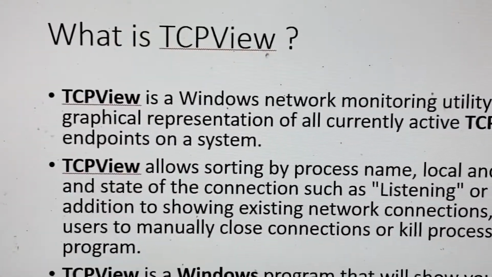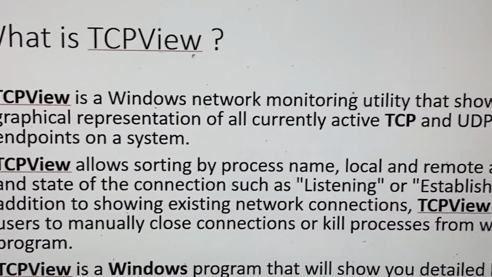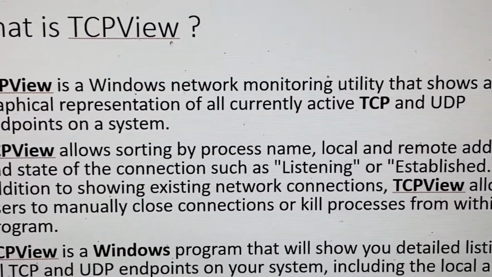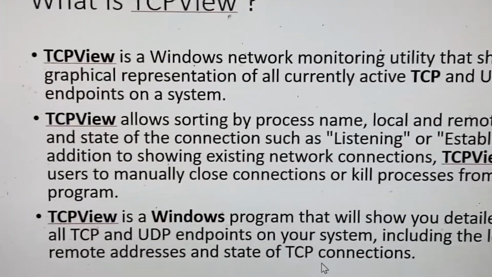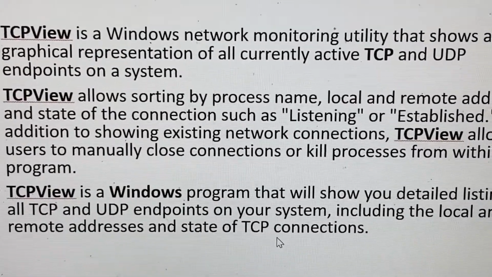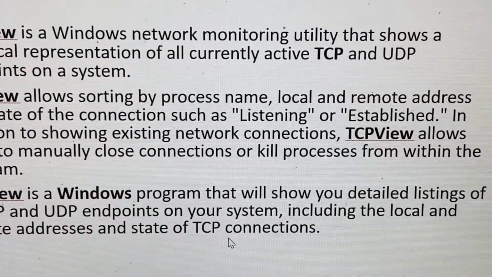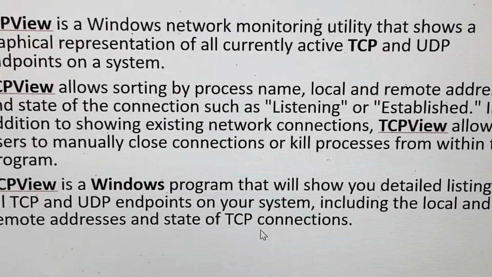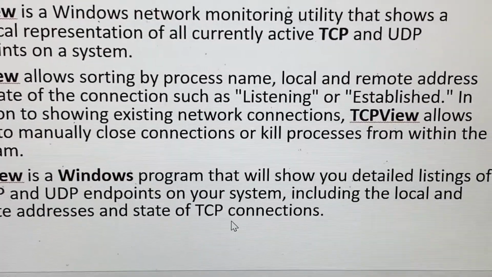TCPView is a Windows network monitoring utility that shows a graphical representation of all currently active TCP and UDP endpoints on a system. TCPView allows sorting by process name, local and remote address, and state of the connection, such as listening or established.